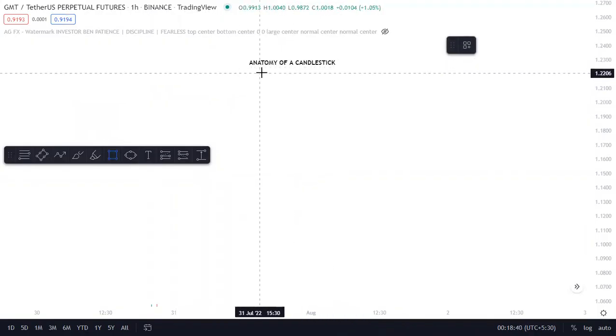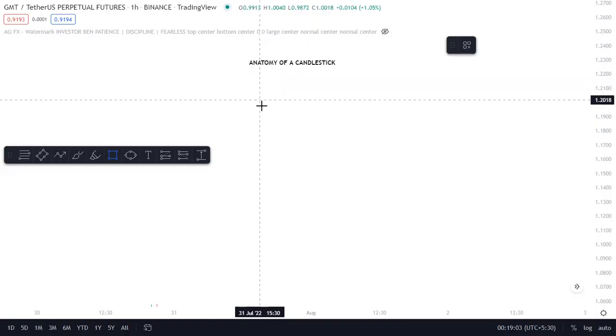Understanding candlesticks and how they behave is one of the easiest things. It is the very basics of trading and one of the easiest things to learn. So to quickly get that done, let me show you what everything in candlesticks is.